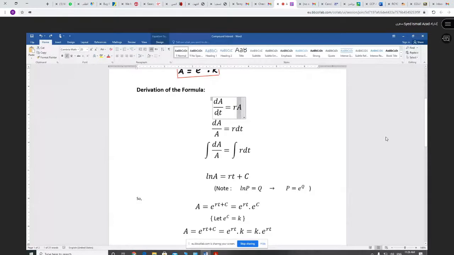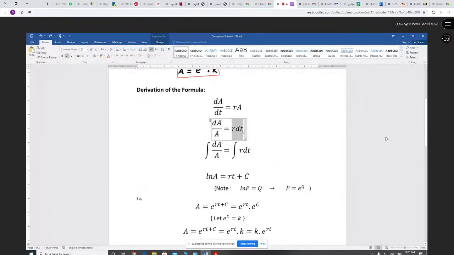So A comes down, and dt goes up. So this is what you have. Now, dA over A equals R dt.